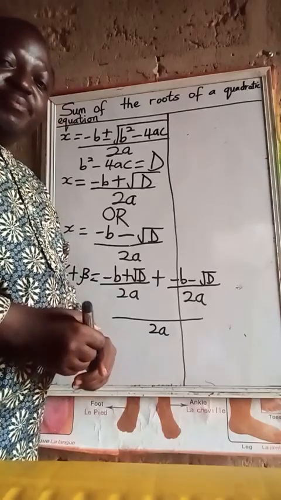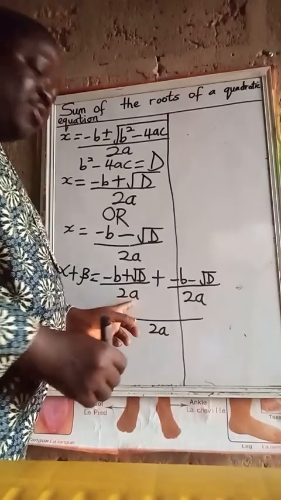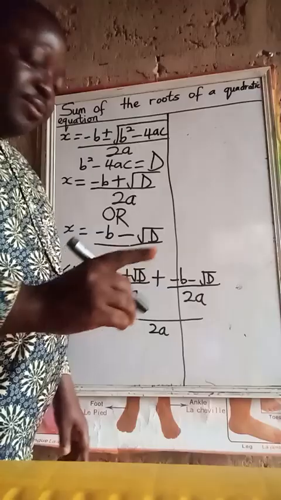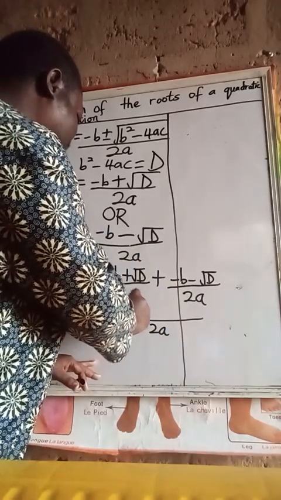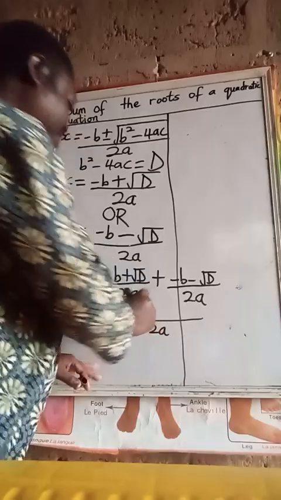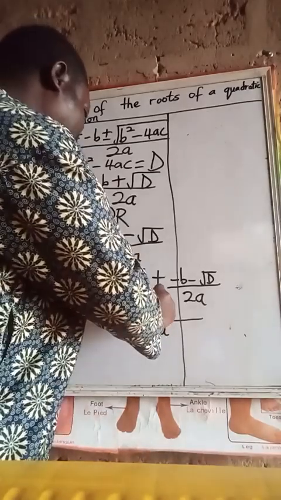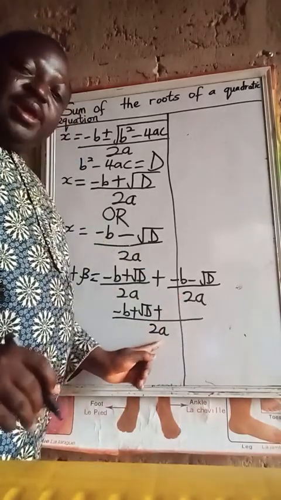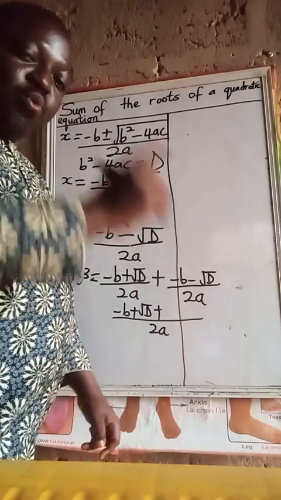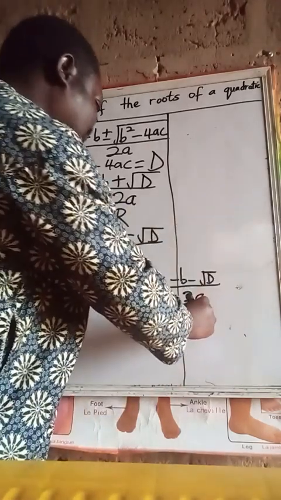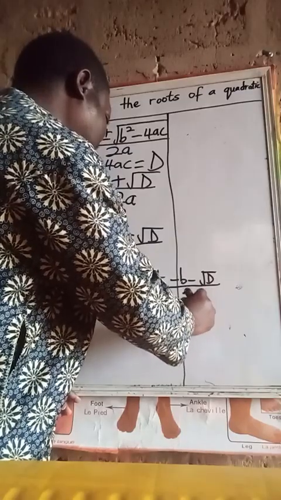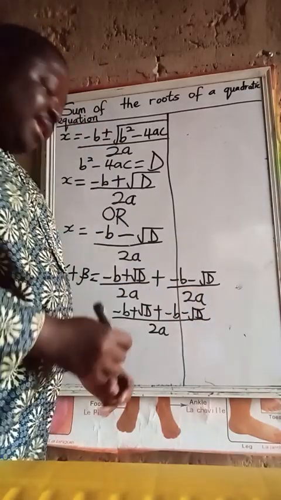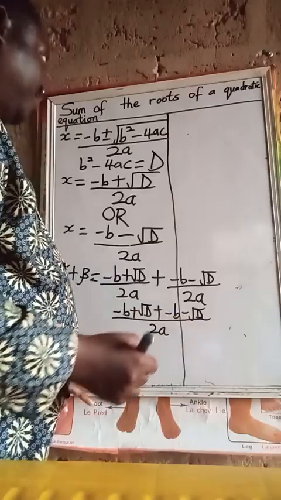Then the next step, 2a divided by 2a gives us 1. Then 1 times everything up here is still minus b plus root D. Then plus 2a divided by 2a, that is 1. 1 times everything here is minus b minus root D. Then the next step is to do this addition.